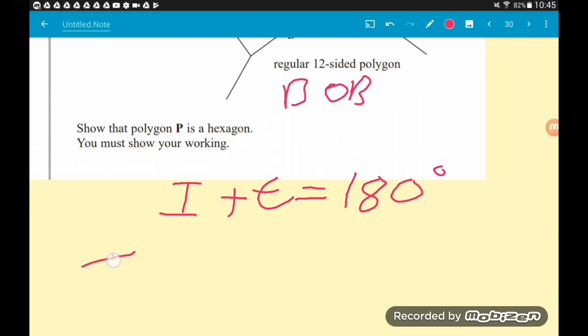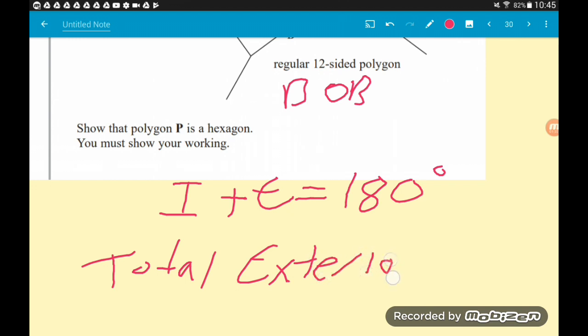Now the total of the exterior angles, doesn't matter how many sides your shape has, is always 360 degrees. So two really important little facts there.